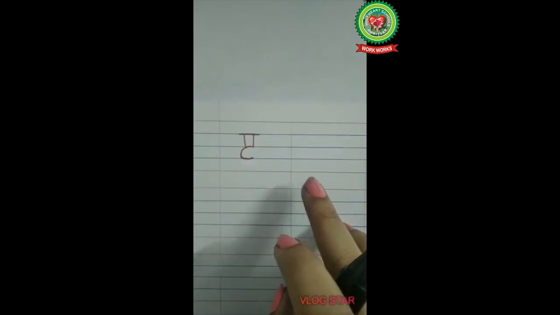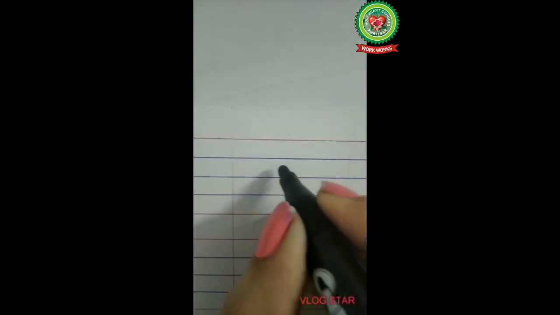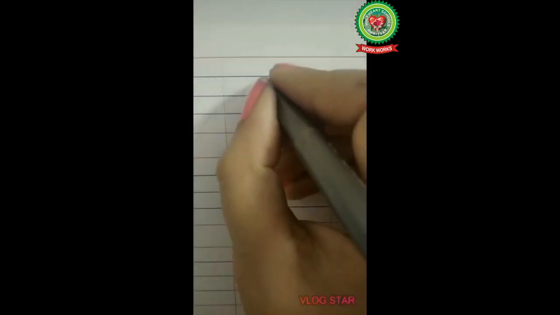Now, I will teach you how to write ED in these lines. I'll not use the first and the last line. I will write ED using these 3 lines. So, for that I'll use a red pen, but you have to use a pencil.